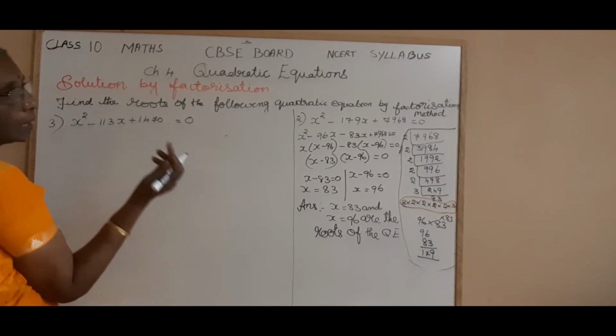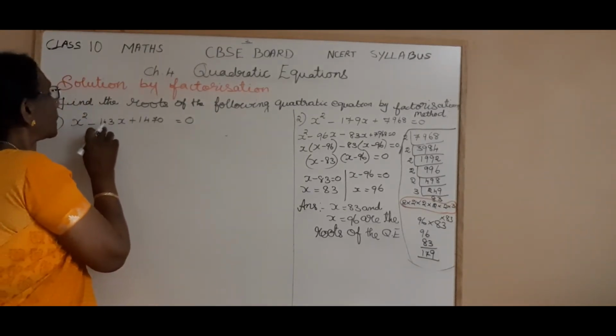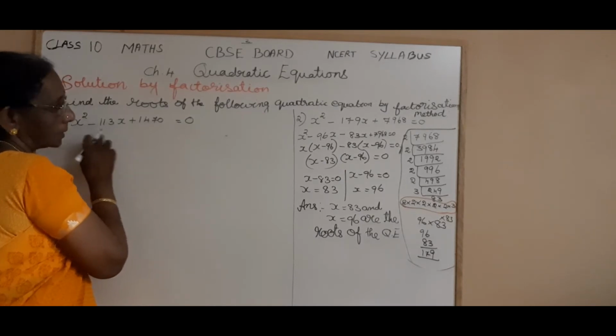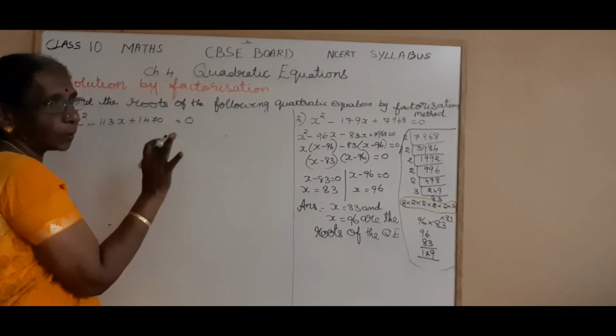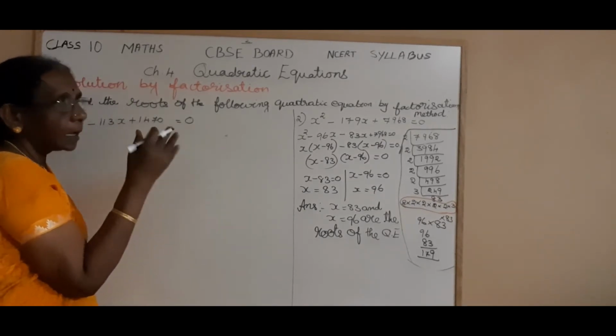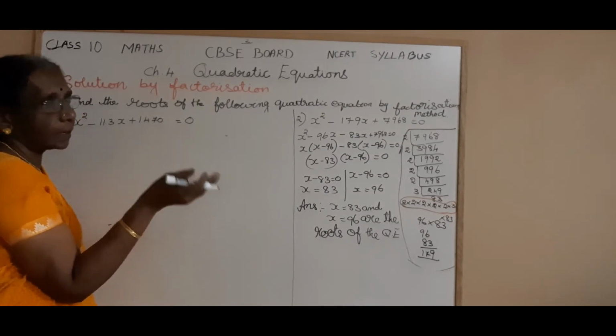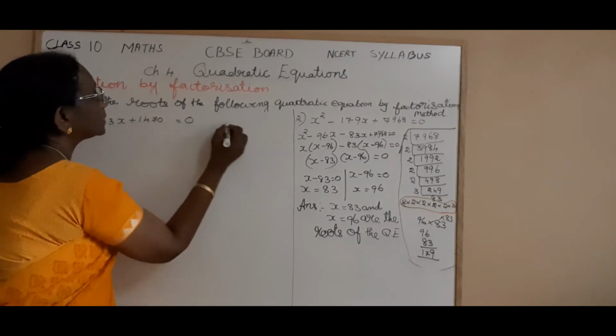The sum is 113 as the middle term, with minus here and plus 1470. So now you know the sign, how to select the signs. And you know, since it is positive, you have to add the splitters Px and Qx. And both are negative.